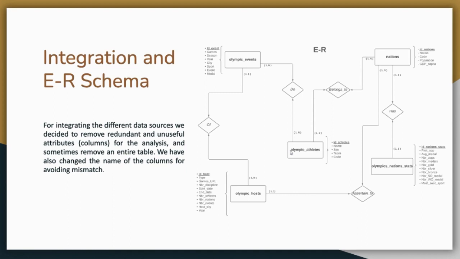And we have worked to do that in Tableau Prep, this application for modifying your data in the correct way, but also sometimes directly in the CSV file for fixing some mismatching problems.